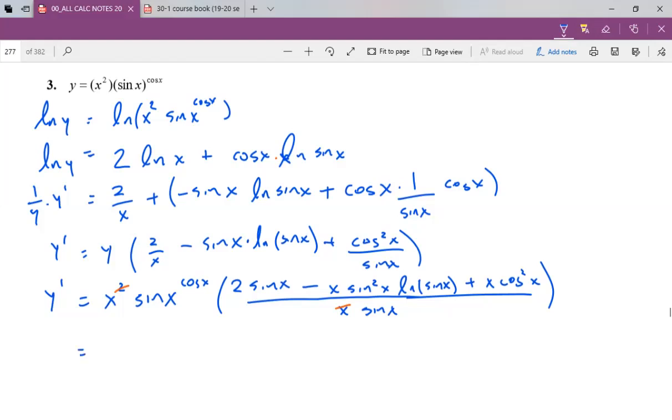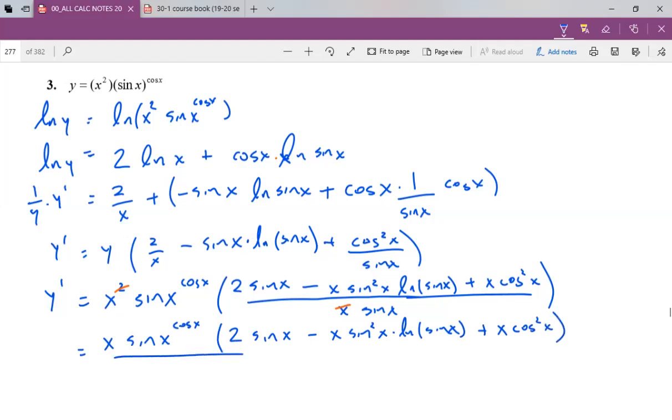That leaves me with x sine x to the cos x up front, and then in brackets we have 2 sine x minus x sine squared x times ln of sine x plus x times cos squared x.